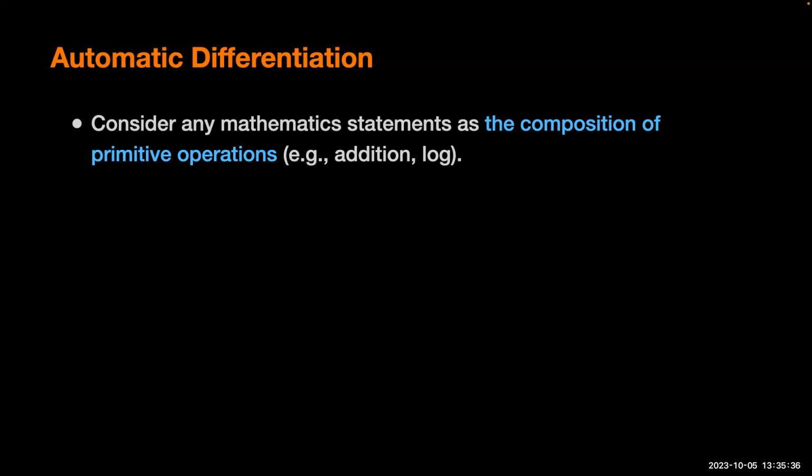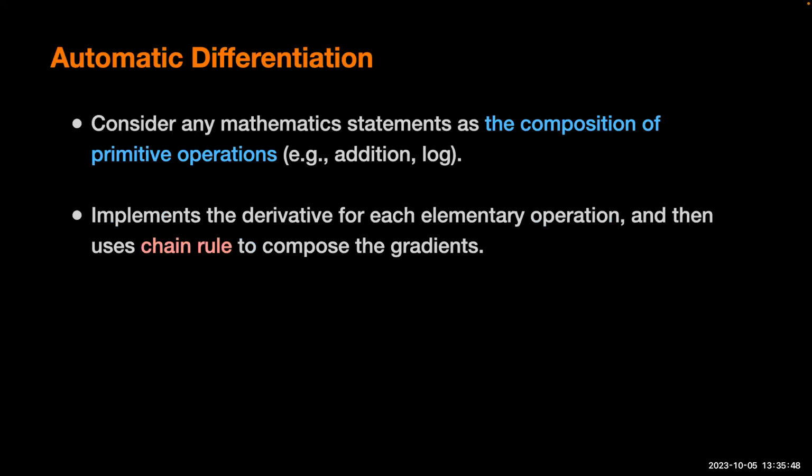The derivative of log x is 1 over x, and of x squared is 2x. For each primitive operation, the calculation is known. If I see the whole function as a composite of simple functions, then it's just a long string of functions composing each other, but then it's just the chain rule. So I want to use the chain rule to iteratively calculate the differentiation.